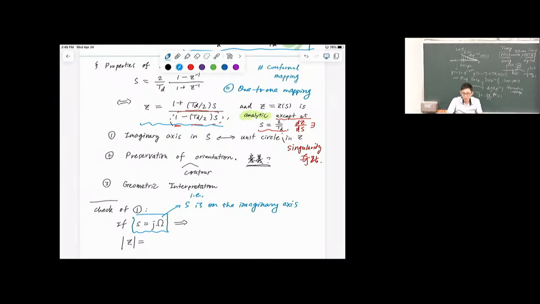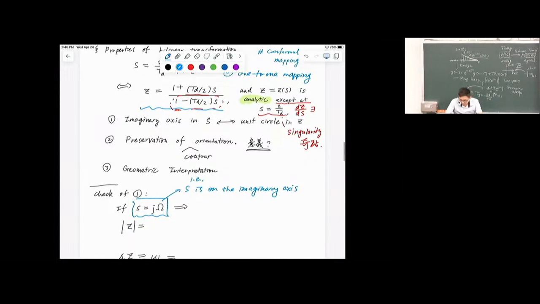It becomes a unit circle. I will show that quickly. If S is j omega, then Z of S is 1 plus Td divided by 2 times j omega, divided by 1 minus Td divided by 2 times j omega, right?